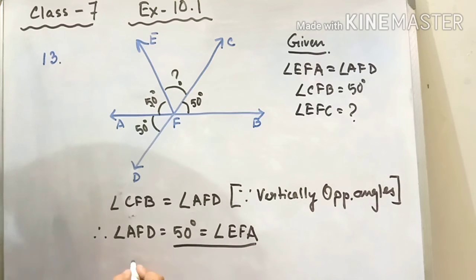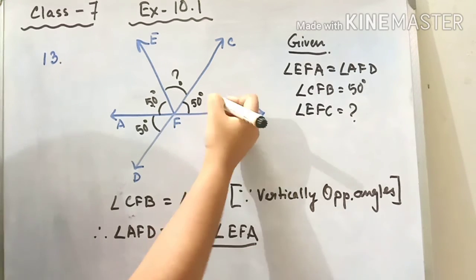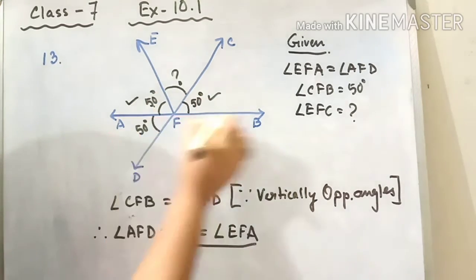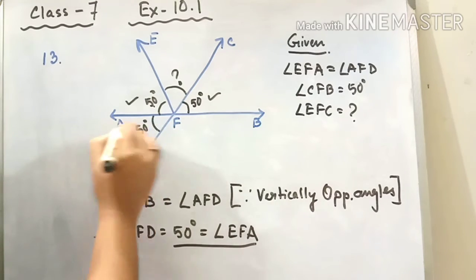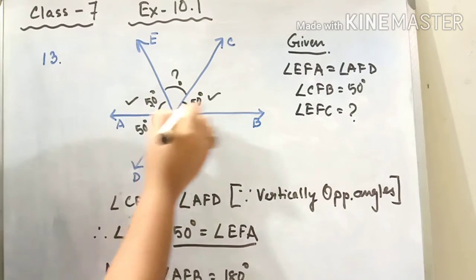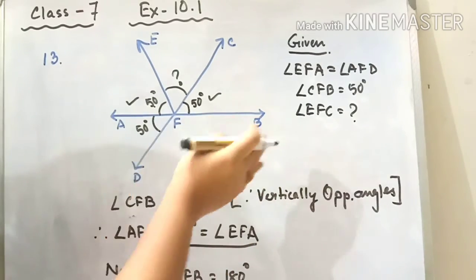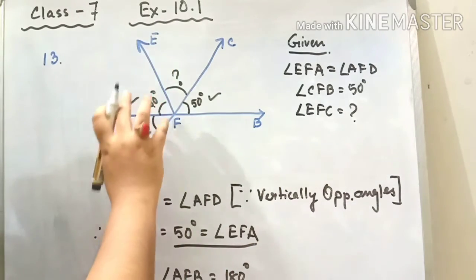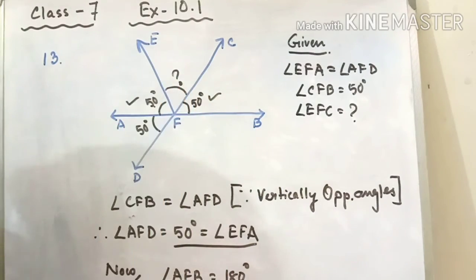We can understand from there, right? So from there we have got two angles within this angle AFB. Now here we know that angle AFB is equal to 180 degree. Right? AFB is a straight angle and the sum of all the angles present in here equals 180 degree.